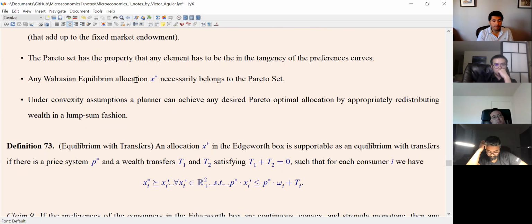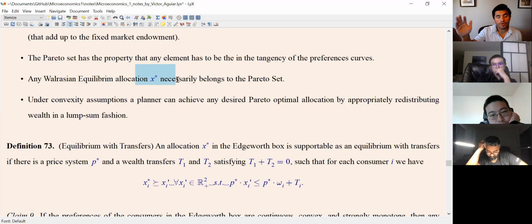This means that if you let these agents in this box trade, and they find a mutually beneficial trade situation, then their allocation will be in the Pareto set, the set of Pareto optimal allocations. So letting the agents pursue their selfish interests, as long as they have a way to trade and find a price at which they can mutually and beneficially exchange, will produce a Pareto optimal allocation. This is the famous invisible hand of Adam Smith.